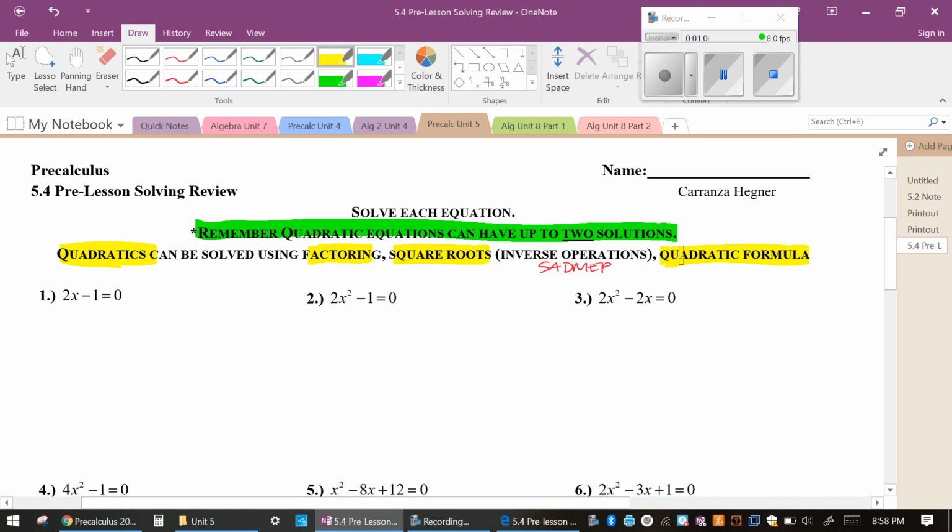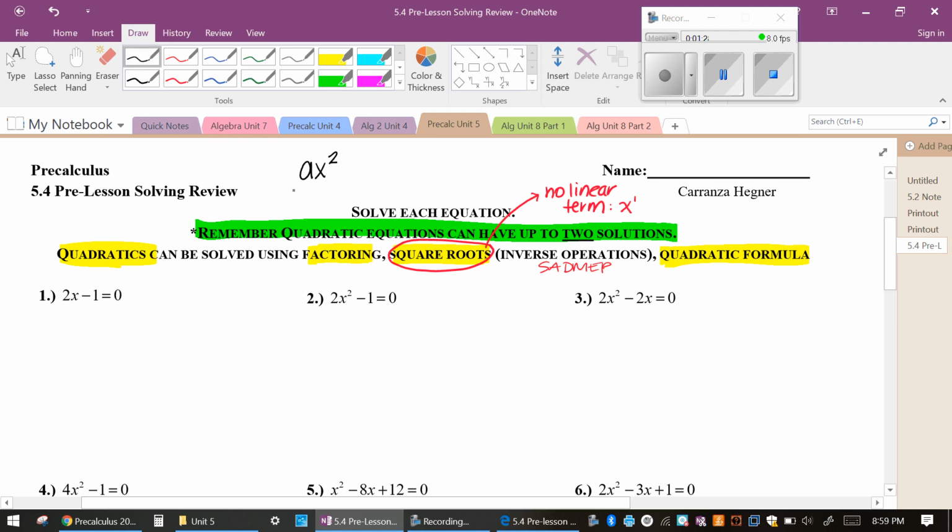I'm always going to try to factor when possible. Square roots, this idea of SADMEP, you use when there is no linear term, AKA x to the first power. If you look at number 2, you've got 2x squared minus 1.